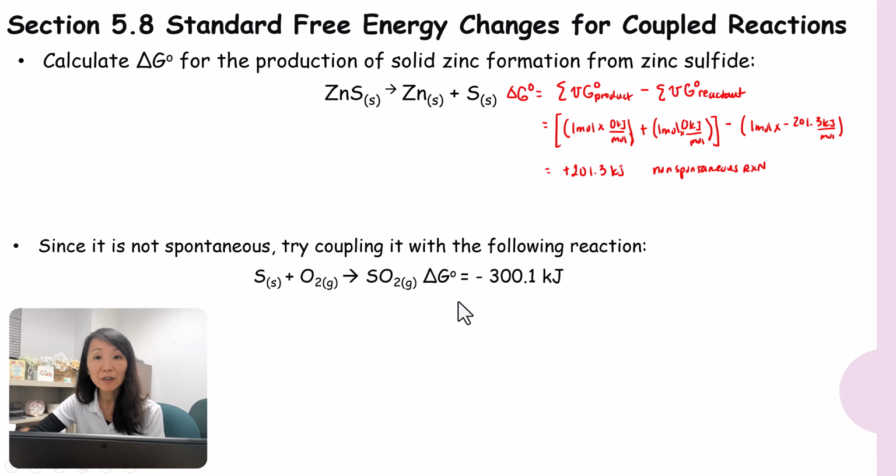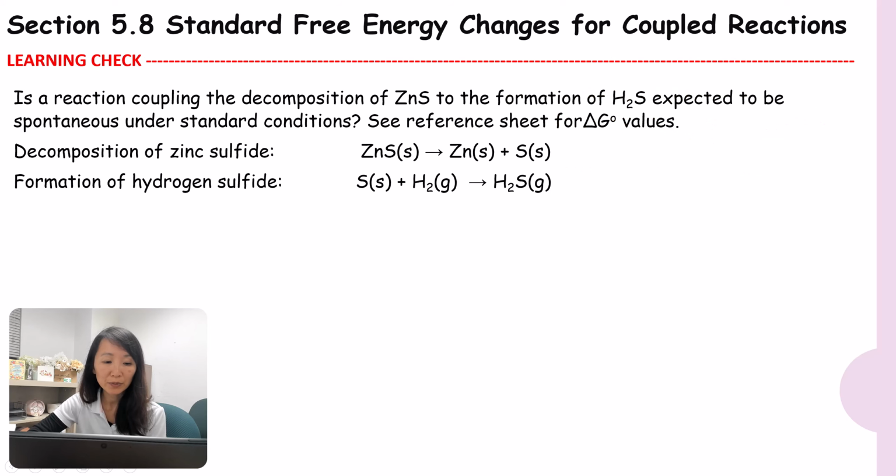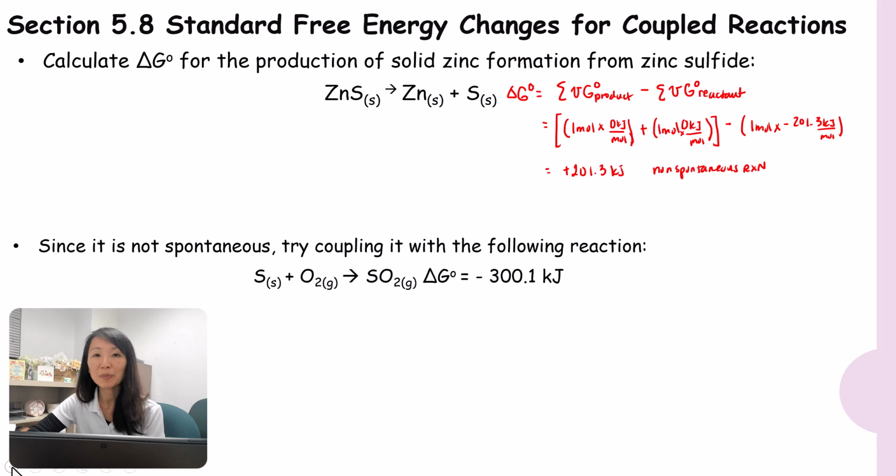This is a highly favorable reaction, hence why it's negative 300.1 kilojoules. Knowing that this negative 300.1 kilojoules is very much a spontaneous process, it will overpower that non-spontaneous one by about 100 kilojoules, right?